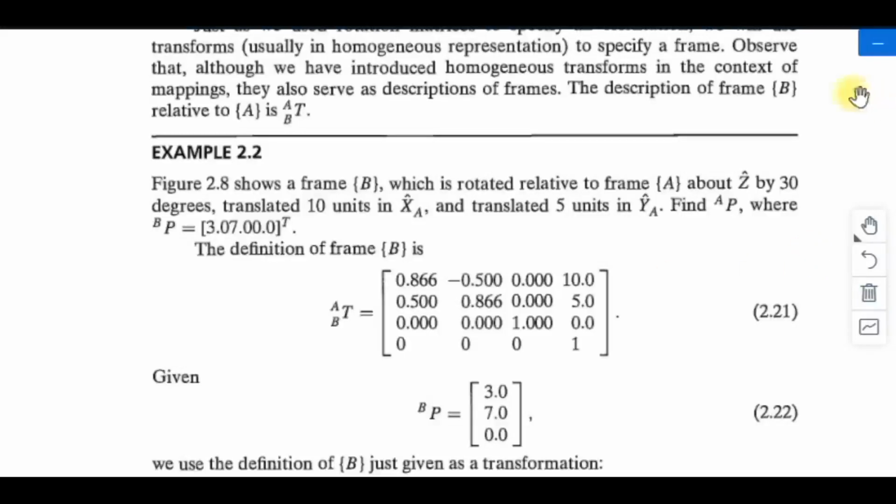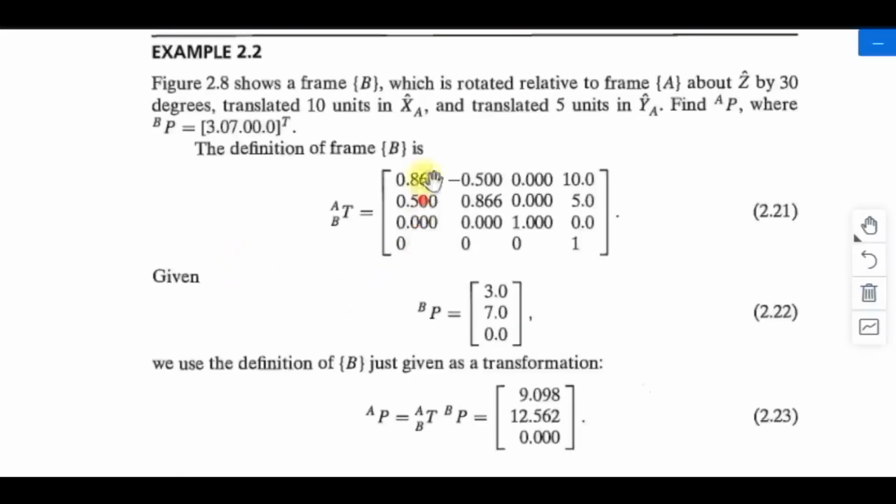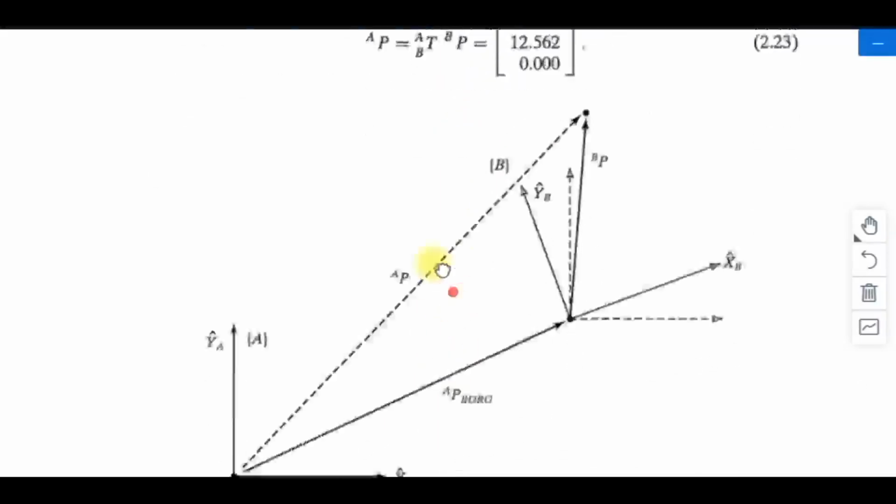So no scaling. Remember that this portion is 0, there is no perspective transformation. The perspective transformation occurs when it deforms its shape, but the deformation is not here, and the scale is also 1. So by using the matrix multiplication, you are able to find the new position with respect to the A point.